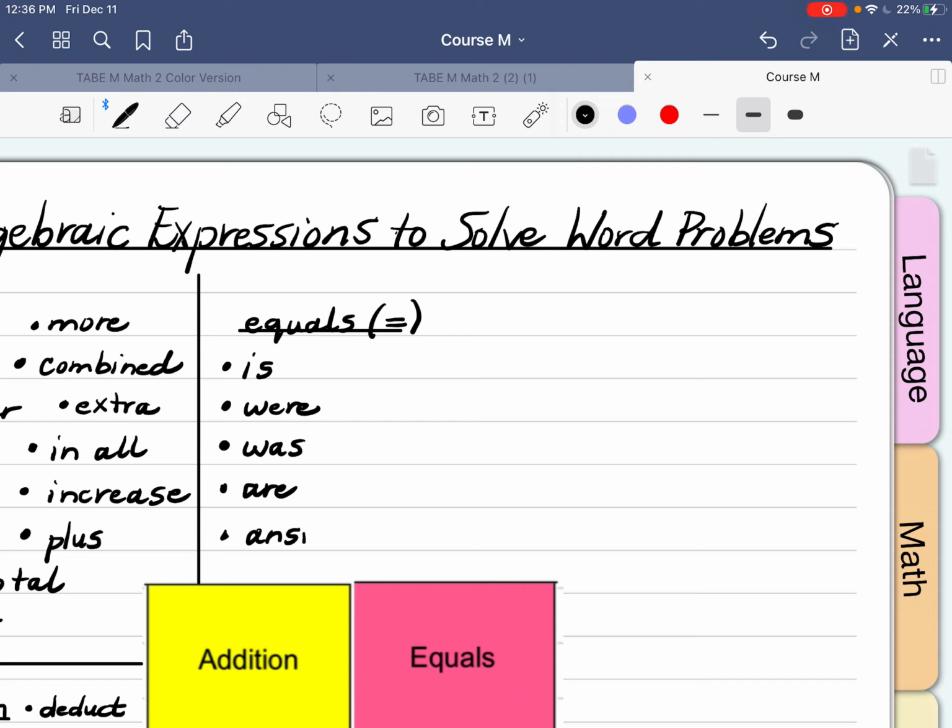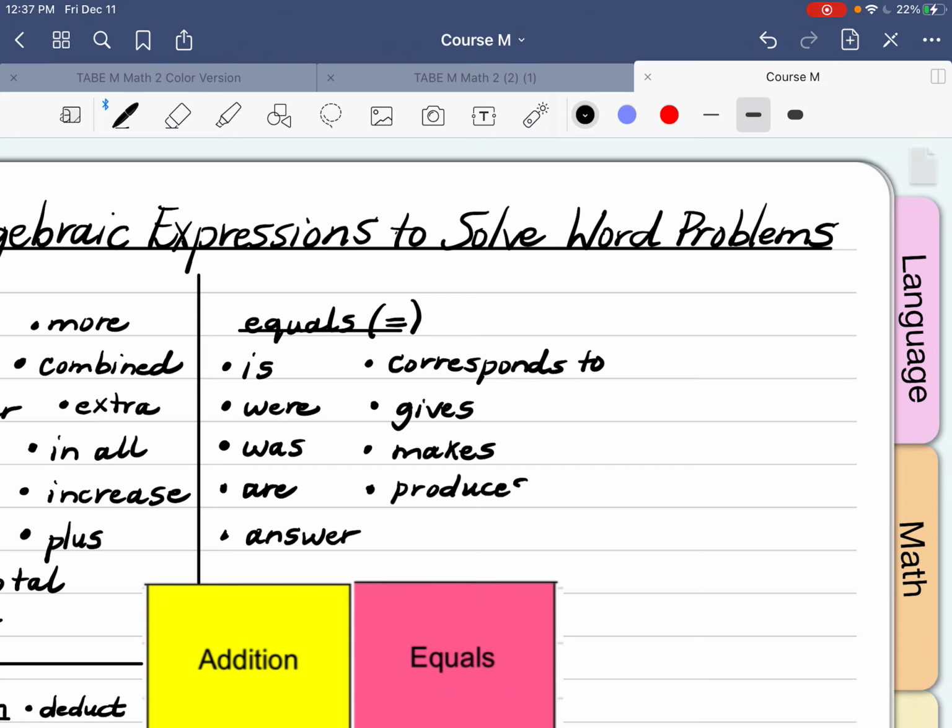Answer, corresponds to, gives, makes, produces, yields, same, result.